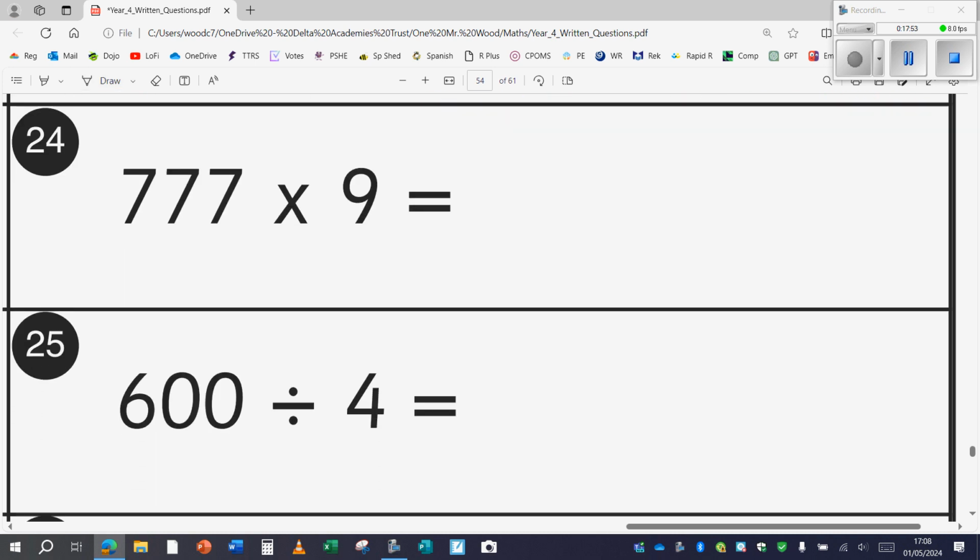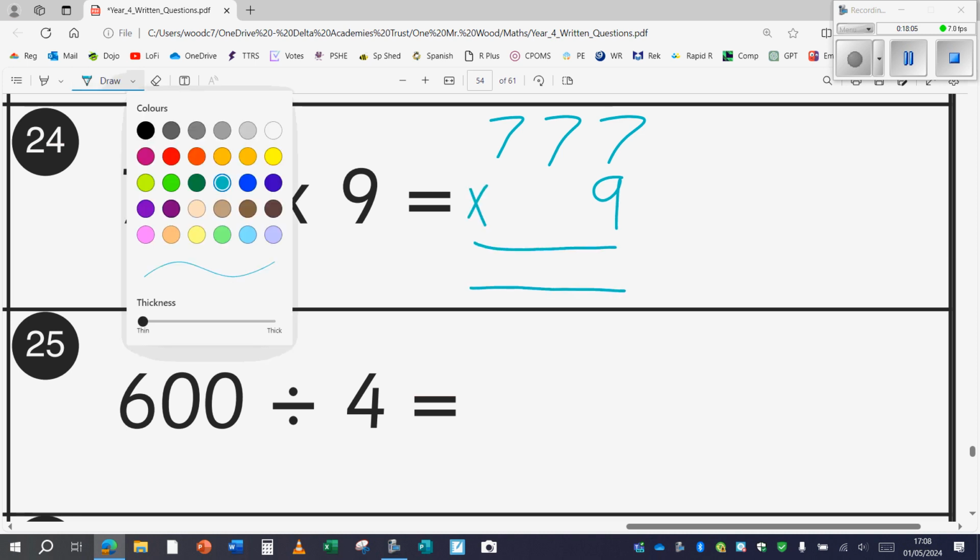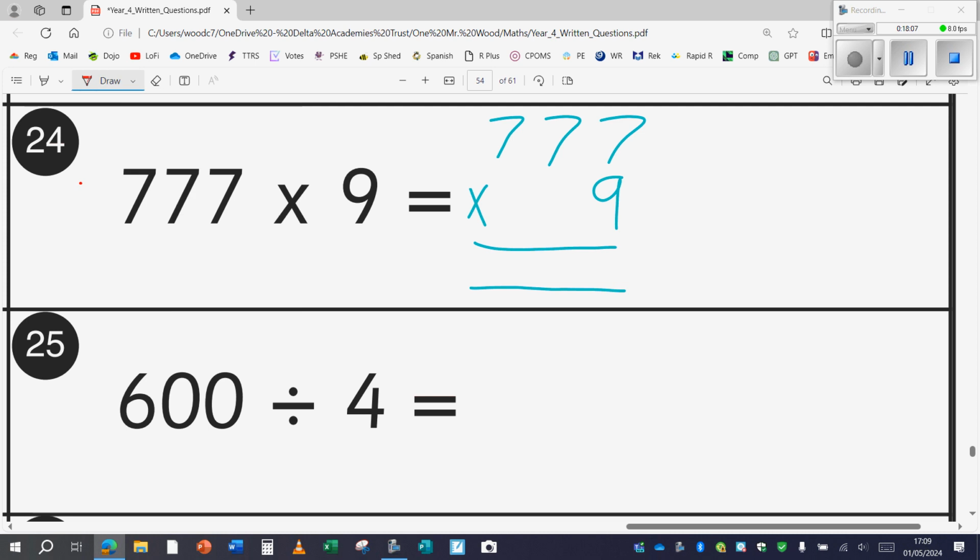On to question 24 then. I've got 777 times 9. Same setup, 7, 7, 7, and I'm timesing it by 9. So if the children know what 7 times 9 is here, and they know what all the answers are, all they've got to work out is what's being carried between each one. So 9 times 7, 9 times 7, and 9 times 7.